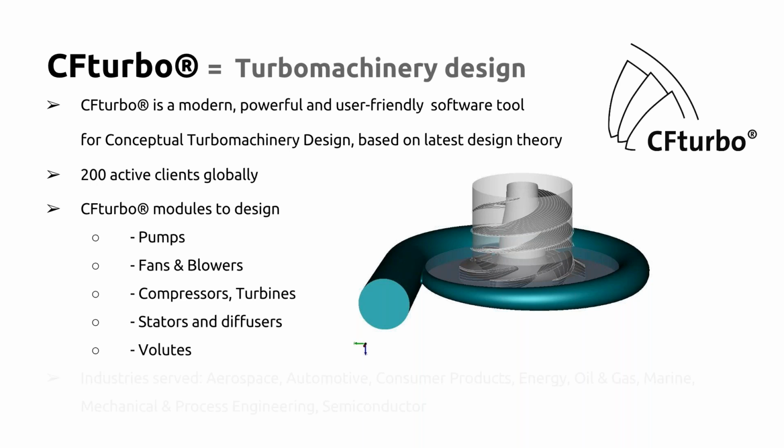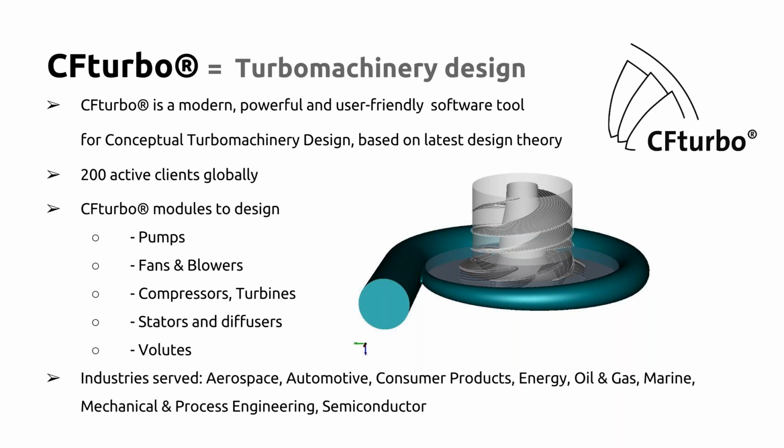And of course, because CFturbo is a design package also for radial machines, volutes can be designed with CFturbo. Here are the industries that are served, and amongst them are aerospace, automotive, consumer products, energy, oil, gas, marine, mechanical, and process engineering, plus semiconductor industry.